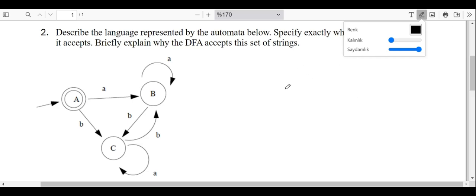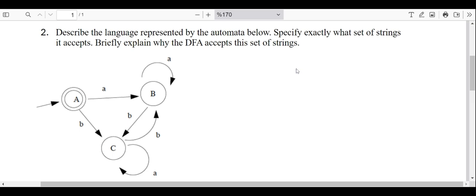Okay, second question. Describe the language represented by the automaton below. Specify exactly what set of strings it accepts. Briefly explain why the DFA accepts this set of strings. First, let's examine the automaton.